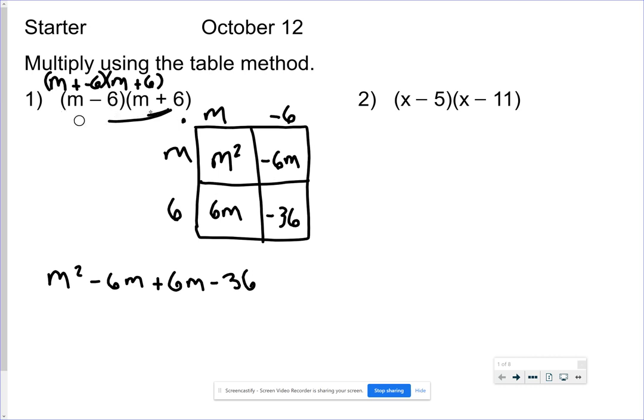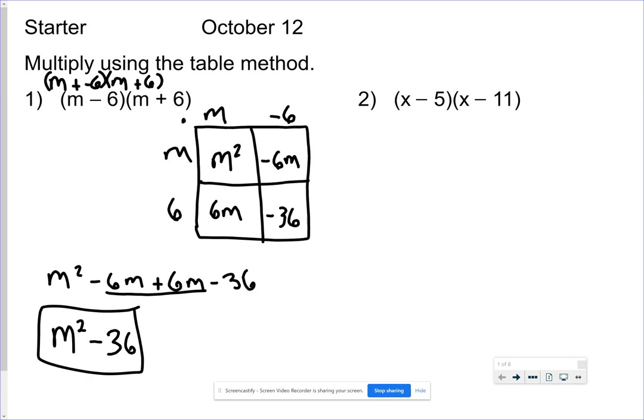So we've done the distributive property, we've just organized it all into a table form. Now I want you to notice that these two terms are like each other, and we can combine them, combine like terms. Negative 6m plus 6m is 0, so that is our answer, m squared minus 36.